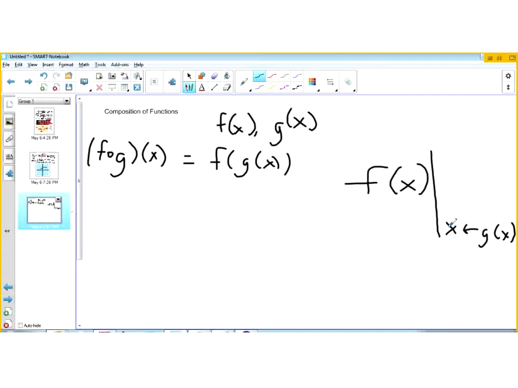One of the tricky things about composition of functions regards the domain of a composition of functions. So let's talk about the domain of a composition of functions before I give you an example.